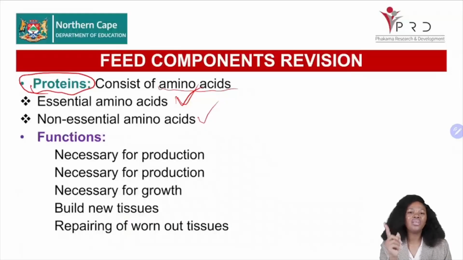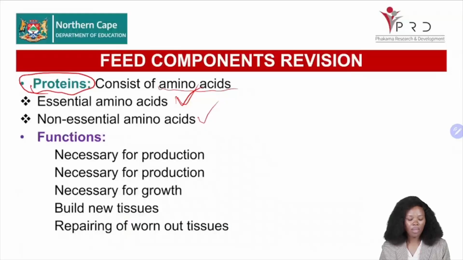Non-ruminants do not have the ability to synthesize the essential amino acids. But ruminants, since they secrete microorganisms, do have the ability to synthesize essential amino acids. So essential amino acids cannot be synthesized by the non-ruminants.